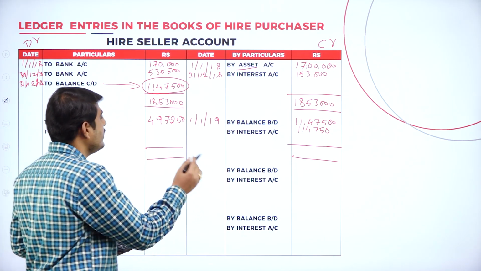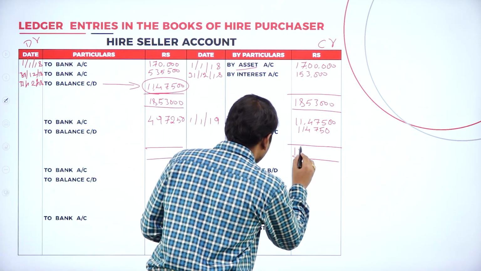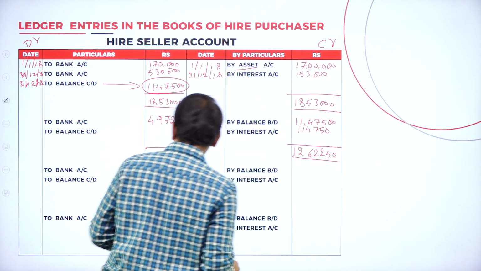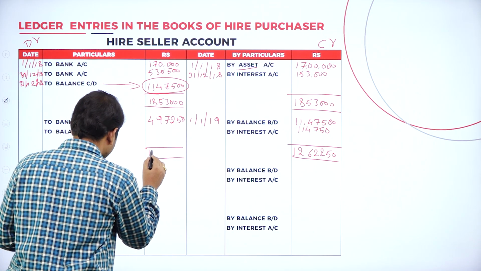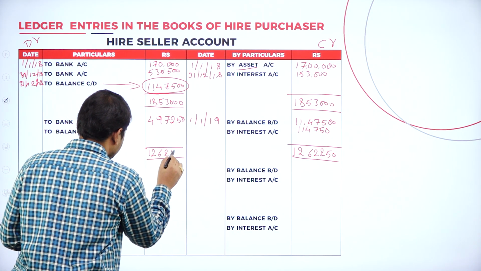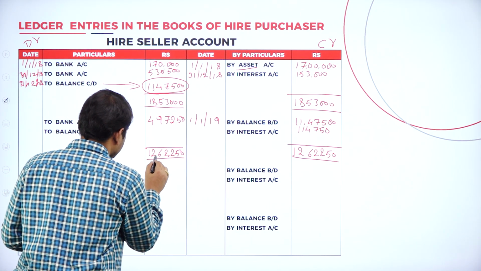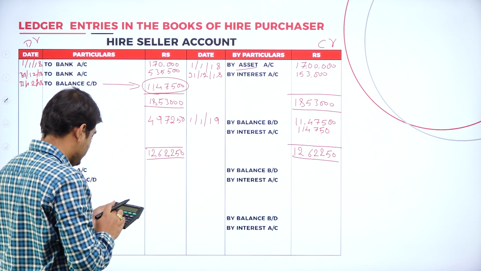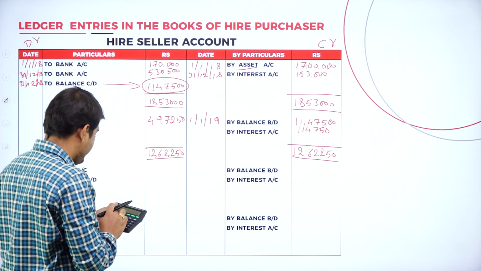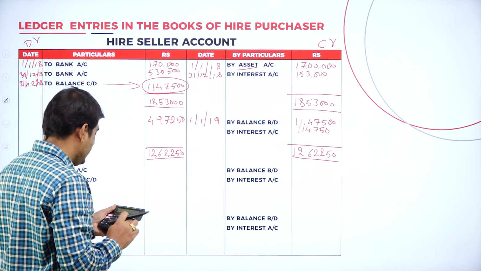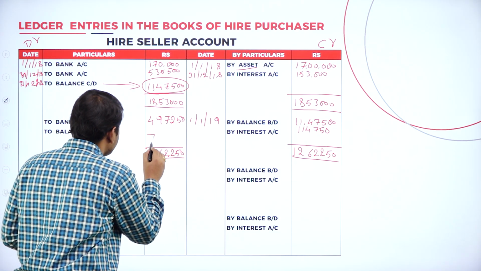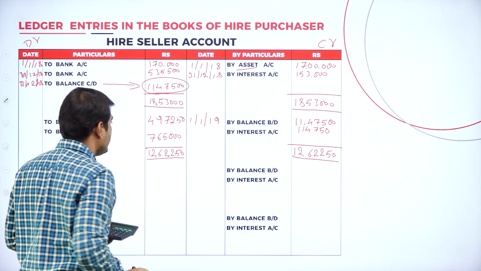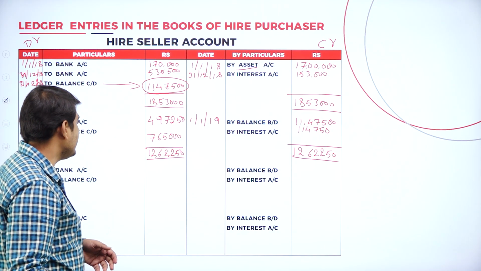So the credit side is more, 12,62,250. So deduct this amount, 4,97,250. If you deduct this, you'll get 7,65,000 for the second year.